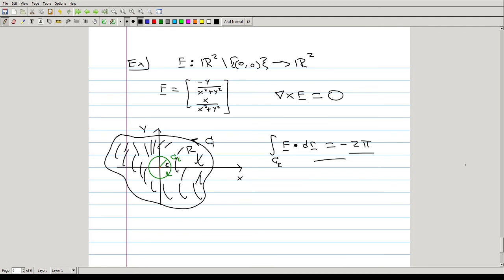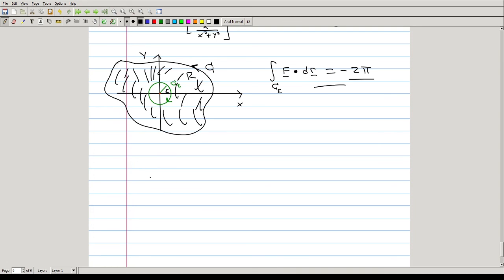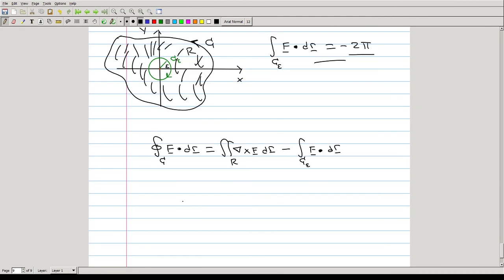So for any other curve C, from our second form of Green's theorem, the circulation around the curve C of F dot dr is going to be equal to the double integral over R of the curl of F minus the integral over C epsilon of F dot dr. This is from the version of Green's theorem that we just proved for a domain with holes in it.